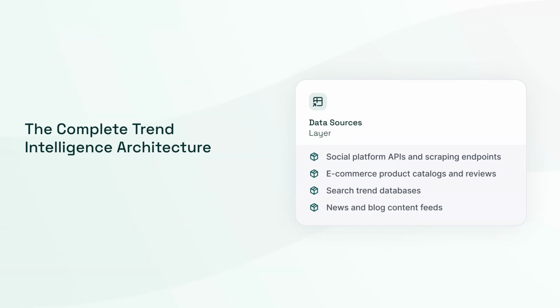This will give you visibility into what's being sold, how it's performing, and what customers are saying. Also, search trend databases, such as Google Trends, show you what people are actively and actually looking for. And then, depending on the case and the industry, more content feeds, such as blogs, news outlets, or specialized reports, help you understand the broader cultural context around those signals.